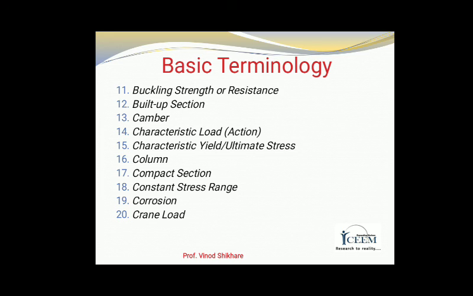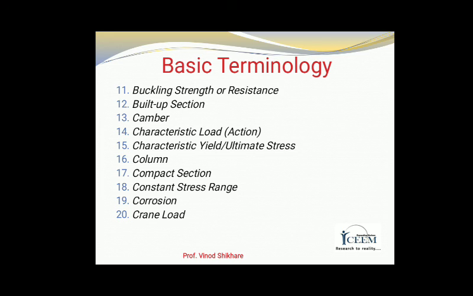Next term is column. A member in an upright or vertical position which supports a roof or floor system and is predominantly subjected to compression. Column is mainly a compressive member or compression member. We design a column as a compression member and mostly it is vertical, supporting a roof or floor system.